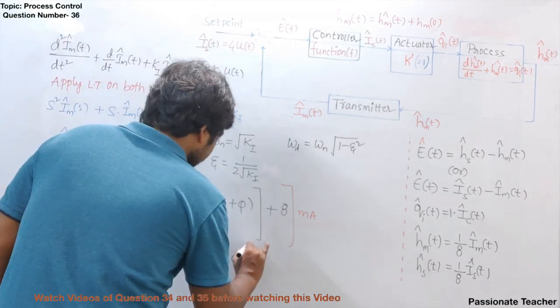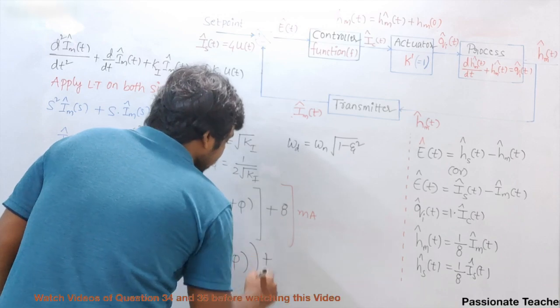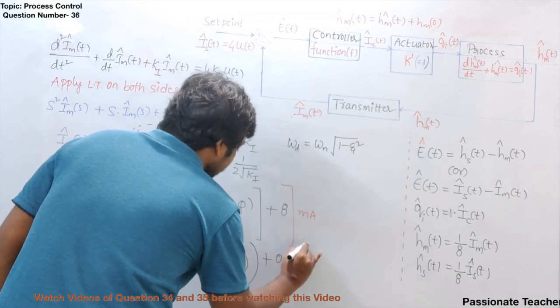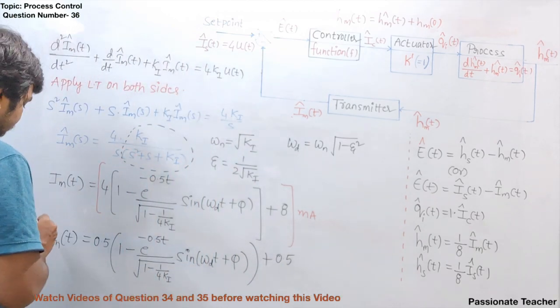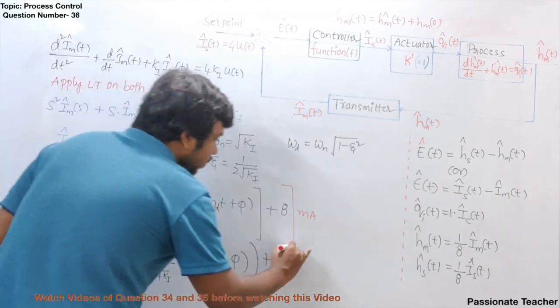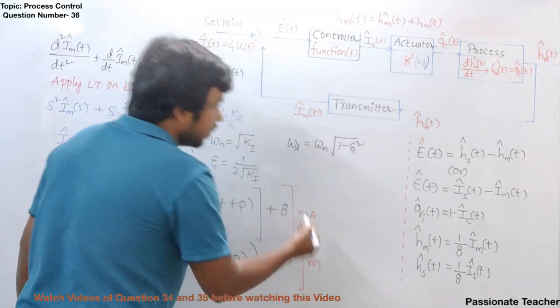And then plus 4 by 8. So it is going to be 0.5. All the way, this total will be in meters. This is going to be the way the water level varies with respect to time.